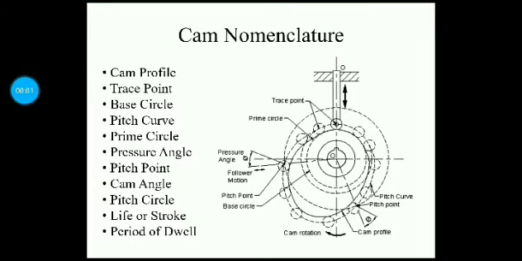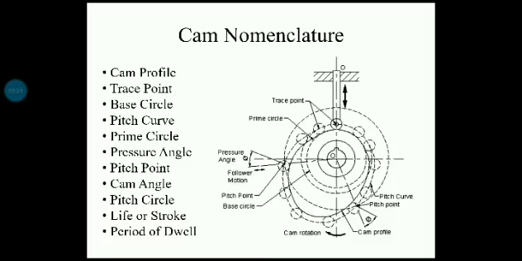Next is the prime circle. It is the smallest circle drawn to the pitch curve from the center of rotation of the cam. The prime circle is similar to the base circle. Only difference is here, in the case of prime circle, the circle is drawn from the center of the cam to the pitch curve.